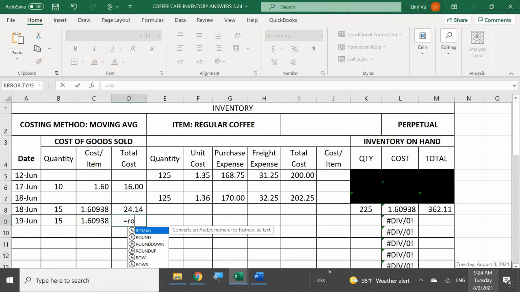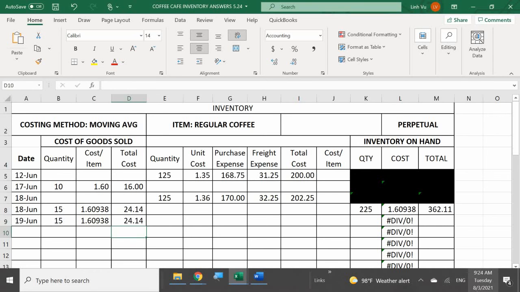Once again, you're going to do your formula here because we want rounded numbers. So how much was me selling 15 pounds at $1.60938? Same, 24.14. 24.14. Good.